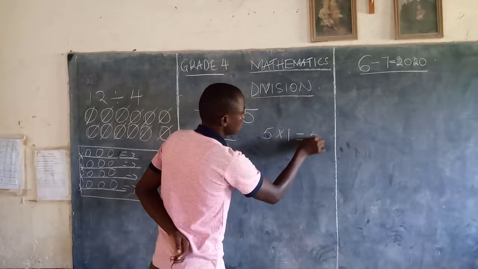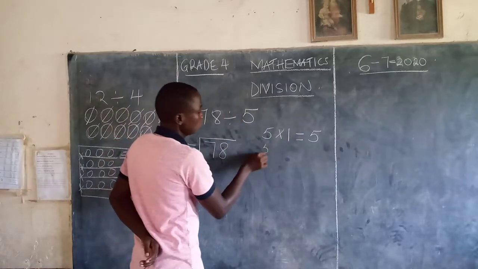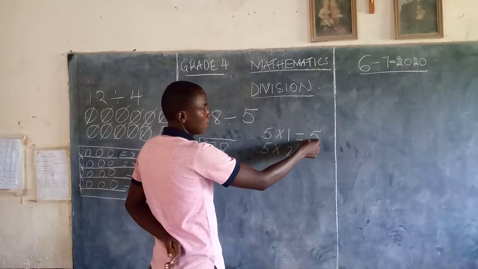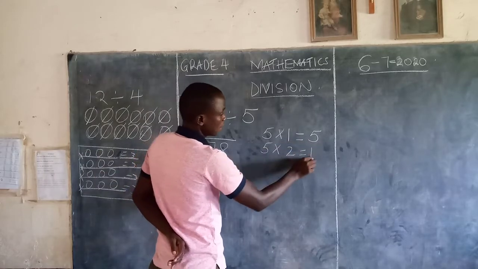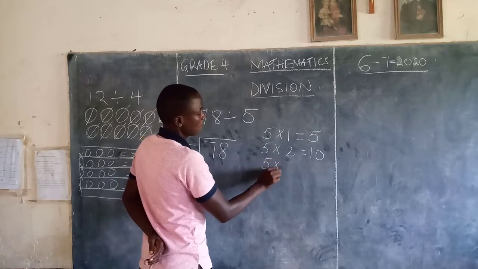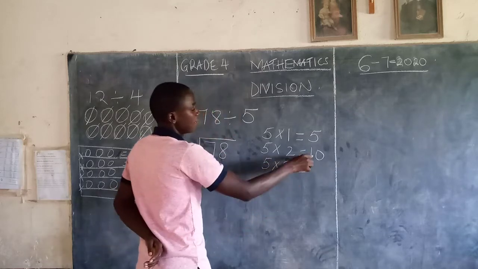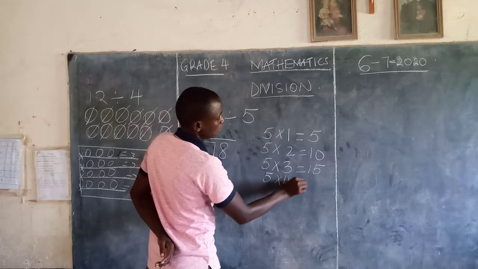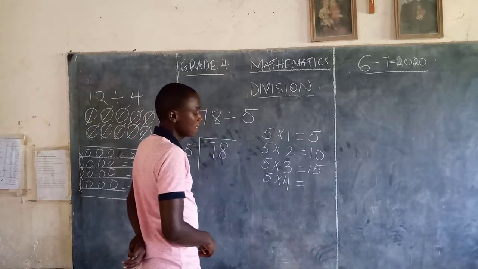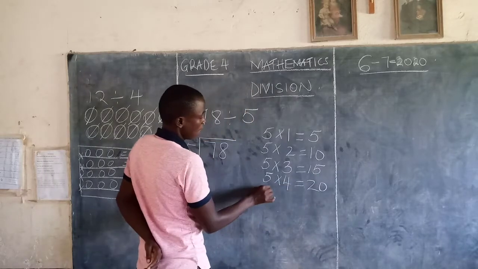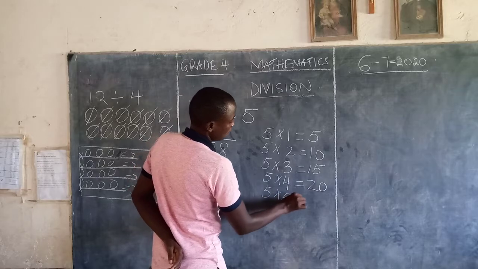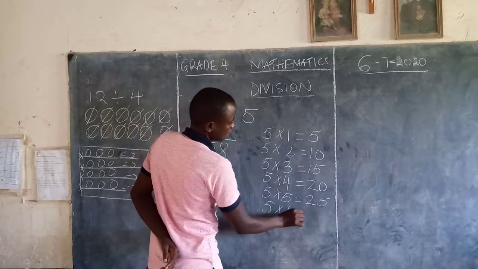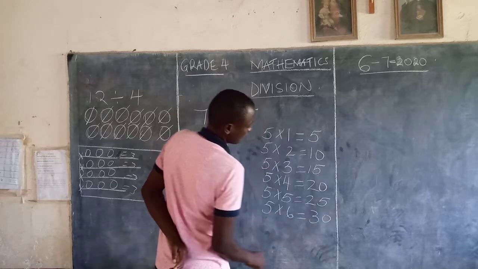This gives you 5. 5 multiplied by 2: add 5 here to get the next multiple, which is 10. 5 multiplied by 3: add 5 here, you have 15. 5 multiplied by 4: add 5 onto 15, get 20. 5 multiplied by 5: add 5 here, get 25. 5 multiplied by 6: add 5, get 30.